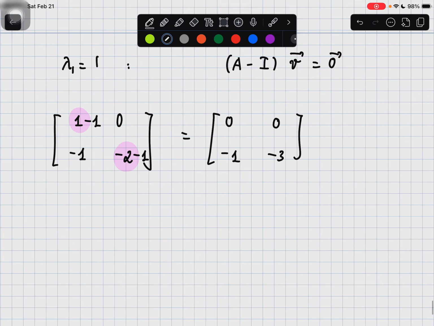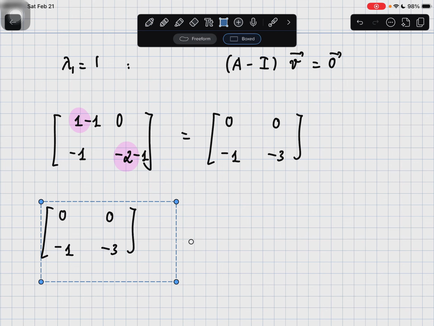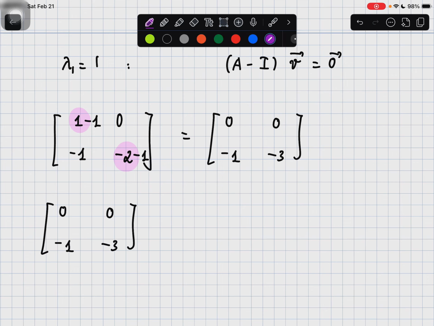Say v is the vector (a, b), times (a, b) equals (0, 0).